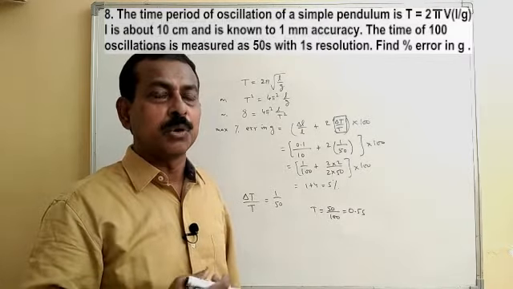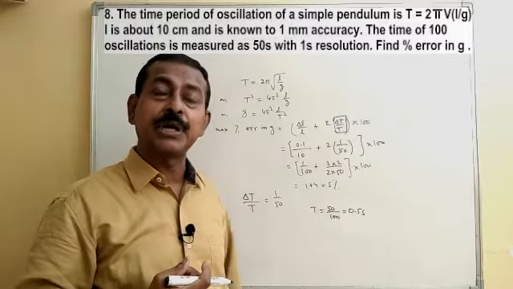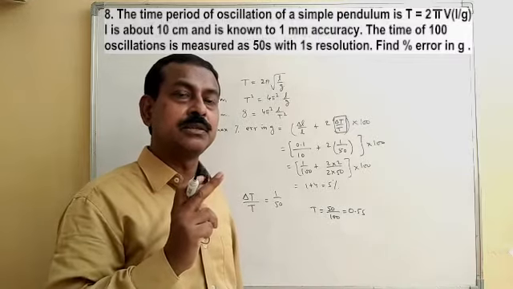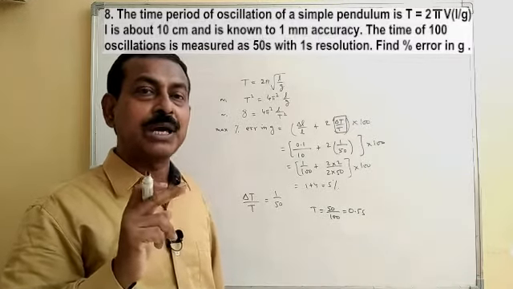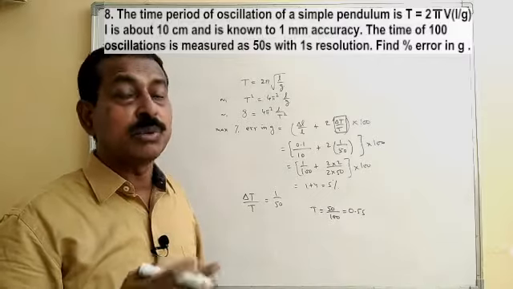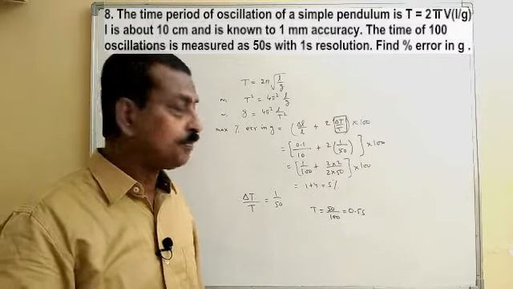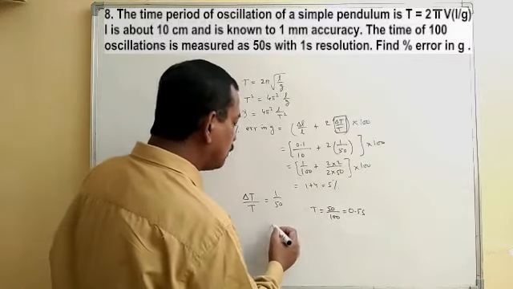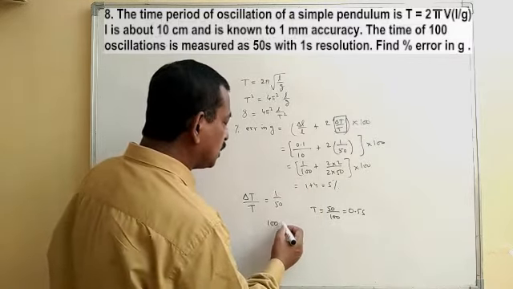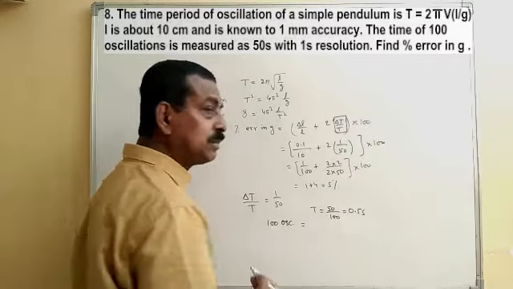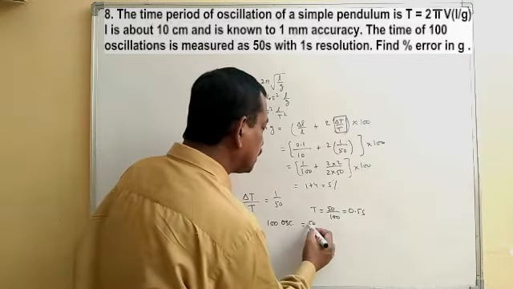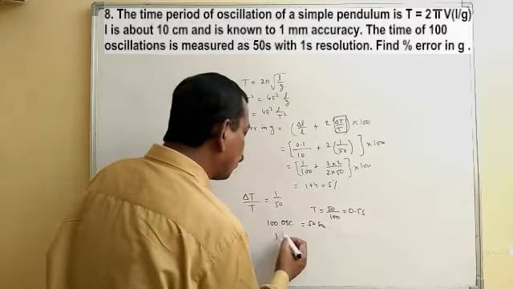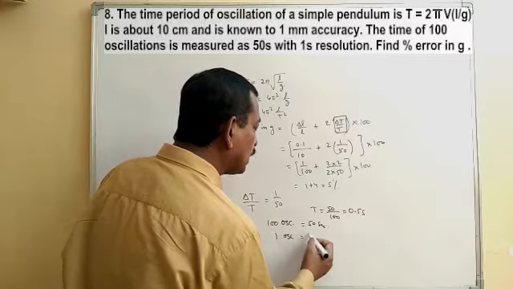Because if the time period is only 0.5 second and the resolution of the instrument is 1 second, it will be 1 by 0.5. That means it will be like 200% error. So here basically what you should take, we have taken 100 oscillations. What is the time taken? It is 50 seconds, right?